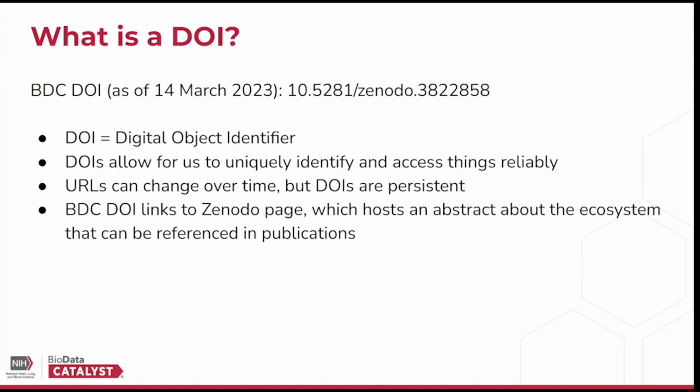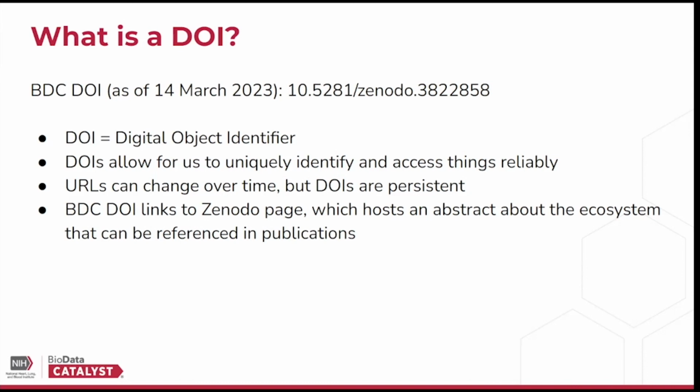DOIs essentially allow us to uniquely identify and access things reliably. This is because URLs can actually change over time, but DOIs are persistent. So if we reference something in a publication and list a DOI, it will always be able to reference the thing we are linking to, regardless of whether something changes. DOIs are persistent and therefore good to use in publications. Here the BDC DOI links to a Zenodo page.